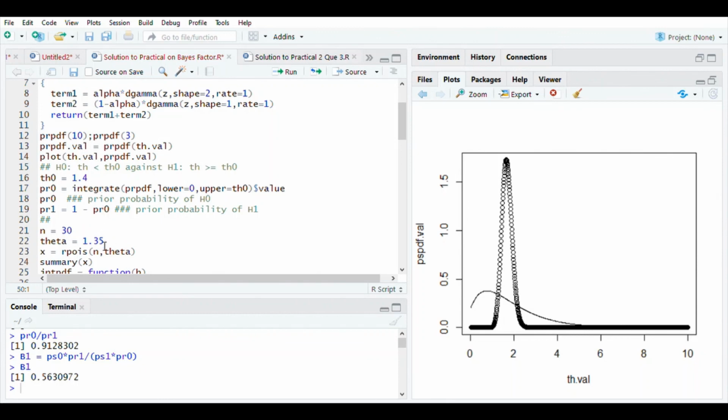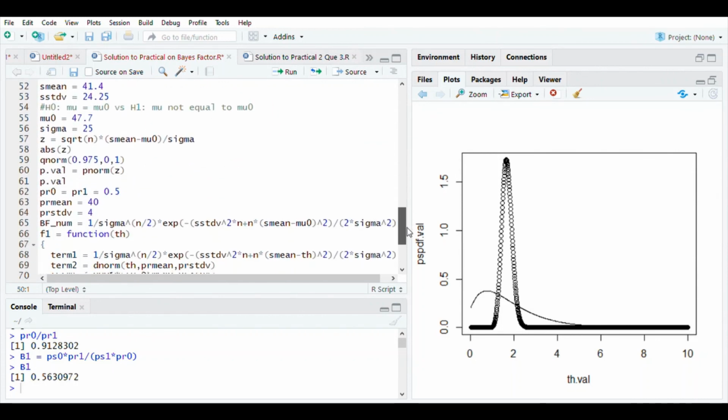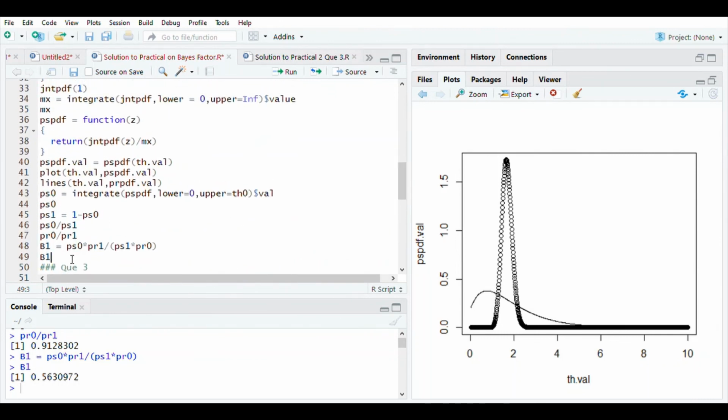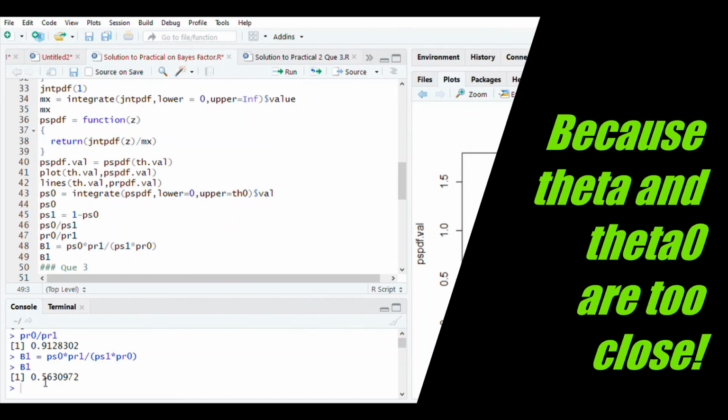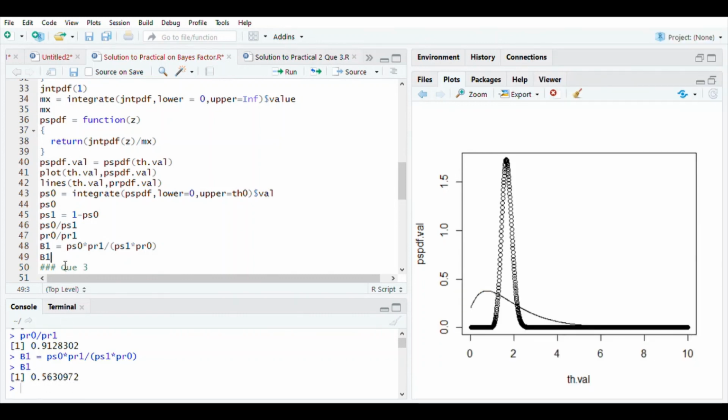So we are generating a random sample from H0. So H0 is true basically, but notice that 1.35 is very close to 1.4. Since the Bayes factor indicates the evidence in favor of H0, and because the evidence is very little, we are rejecting H0 here. Why is this happening? That is because theta and theta naught are very close to each other.